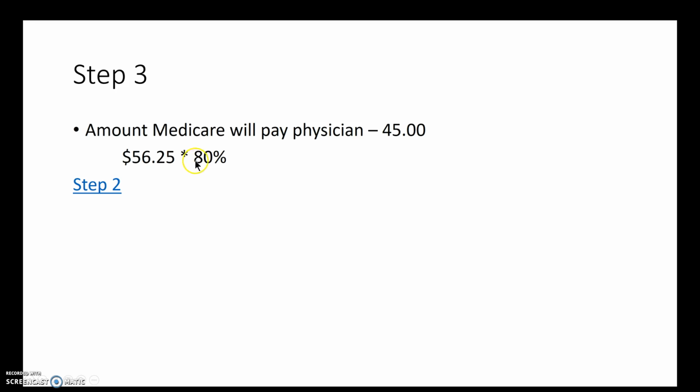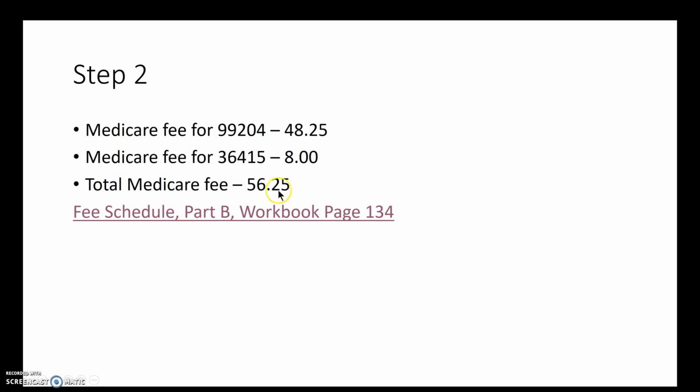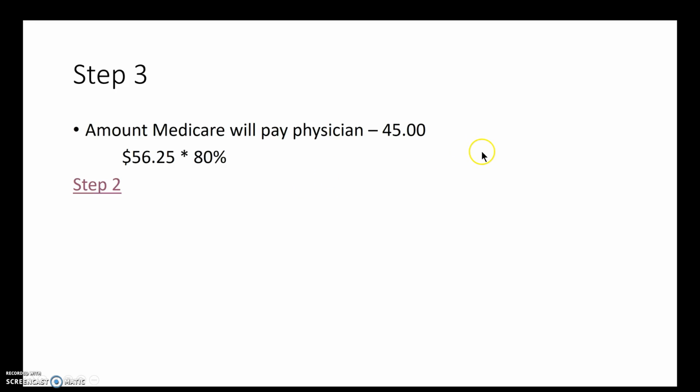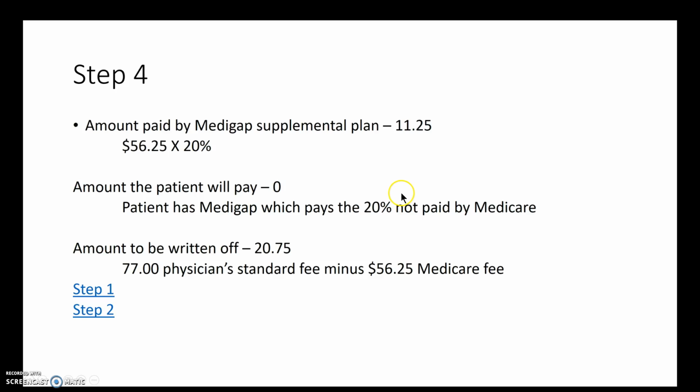Next, we want to look at the amount that Medicare will pay the physician. Medicare only pays 80%. So when we look back, Medicare's total charge is $56.25. So that means that what Medicare will pay will be 80% of that $56.25. The patient does have Medigap, so that means that Medigap is going to pick up the additional 20%.